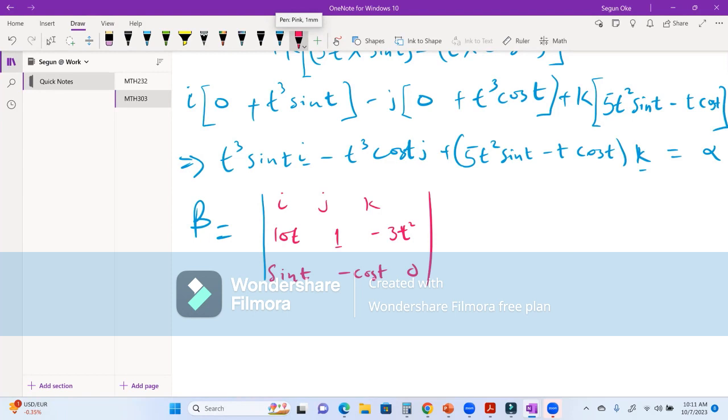Right. So if I pick this one, what do I have? If I pick this, I will have i will be 1 multiplied by 0, minus 3t squared multiplied by minus cos t. Right.